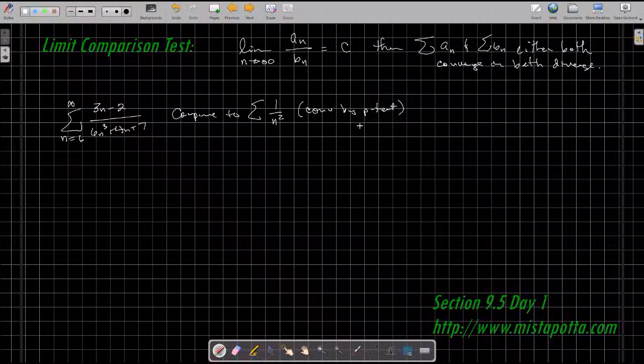Also the integral test, we did this earlier today.